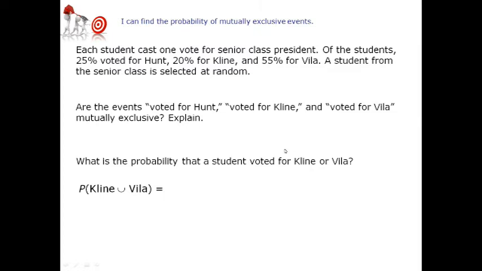So here's a problem that you guys can try. I'm going to do it up here silently while you work on it, and then see what you think. What's the probability that a student voted for Klein or Vila?